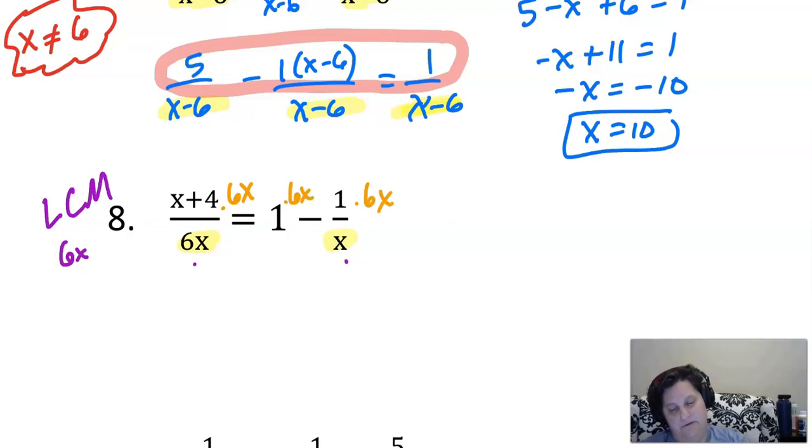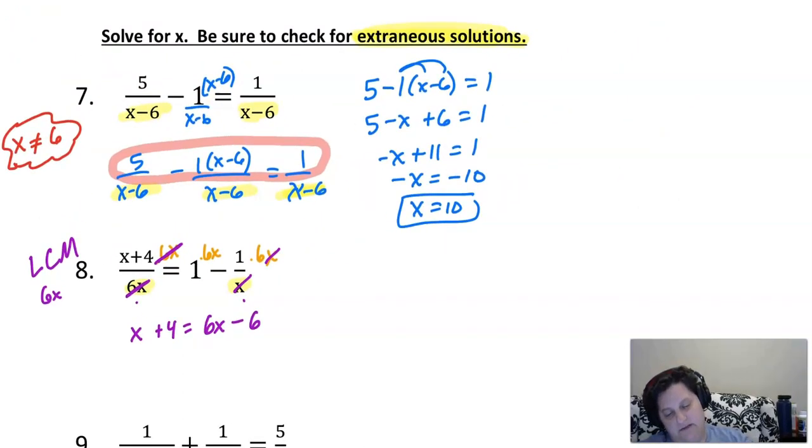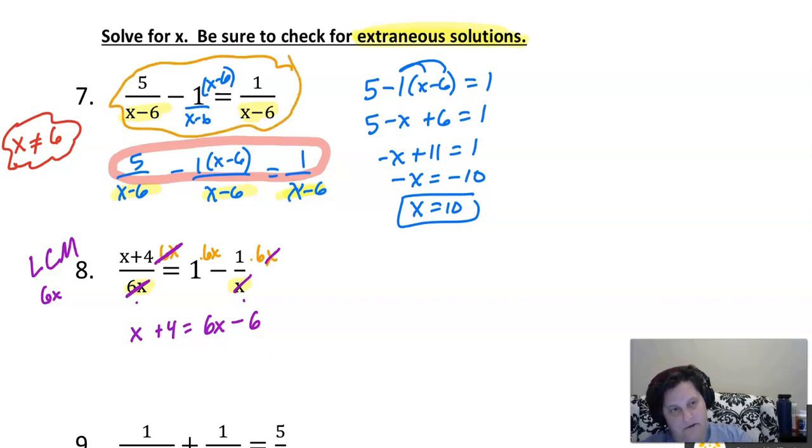And then look what happens. Right here, 6x and 6x cancel out. Right here, I just get 6x. Right here, x and x cancel, and I get 6. It's basically, you guys, a way to go from this step to this step without all this other junk in between.